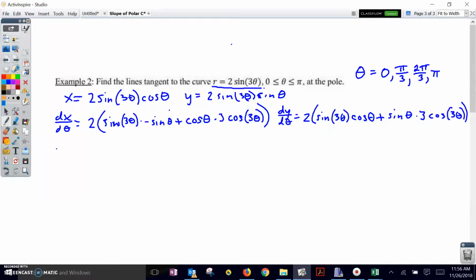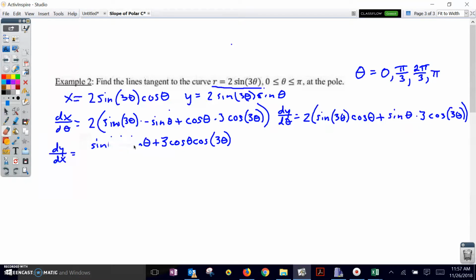Alright, so dy/dx is going to be equal to, and I can cancel those 2's out from the numerator and denominator, so I end up with negative sine of 3 theta sine of theta plus 3 cosine of theta cosine of 3 theta. Oh, backwards. That's my denominator.